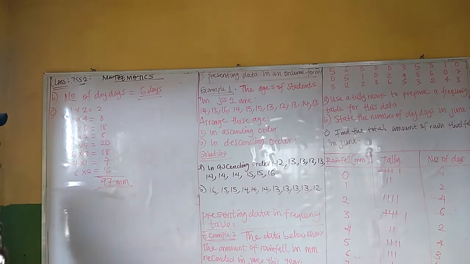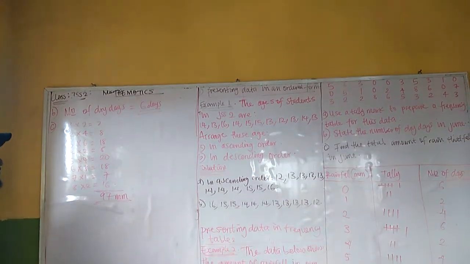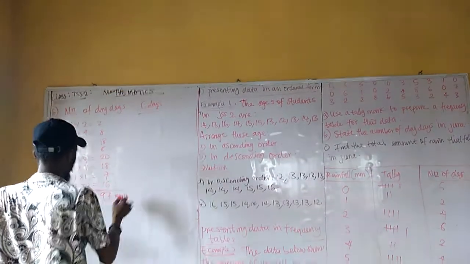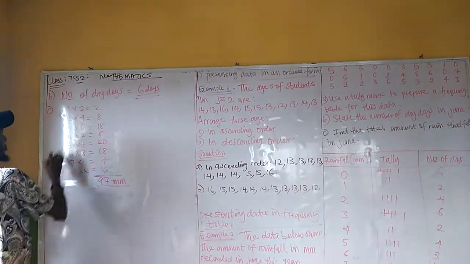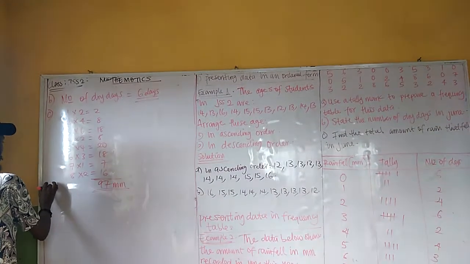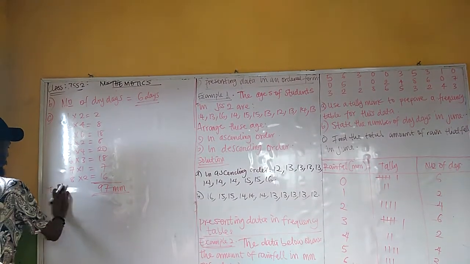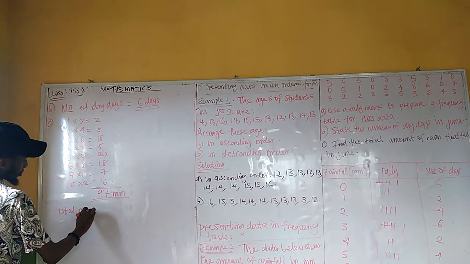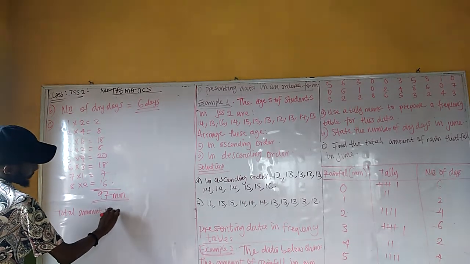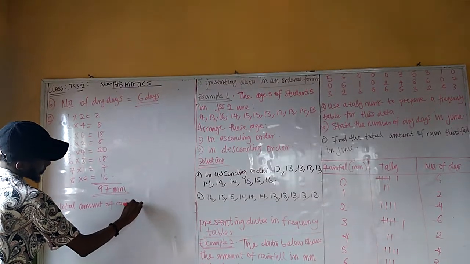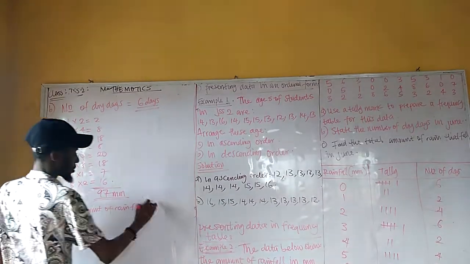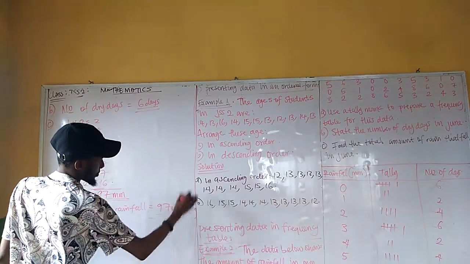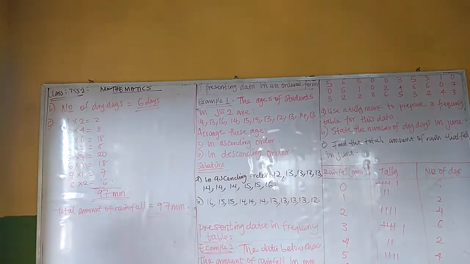Please do the calculation yourself, okay? So the total amount of rainfall was 97 millimeters.